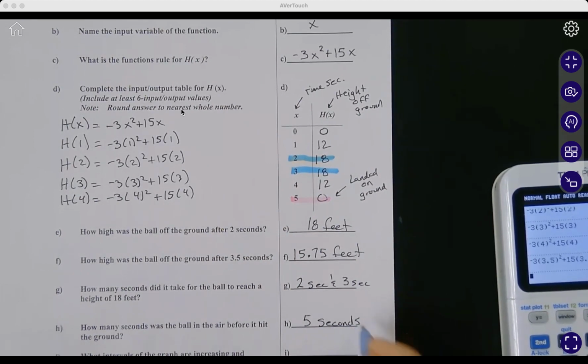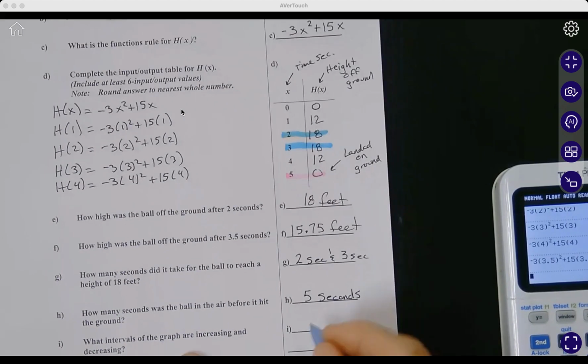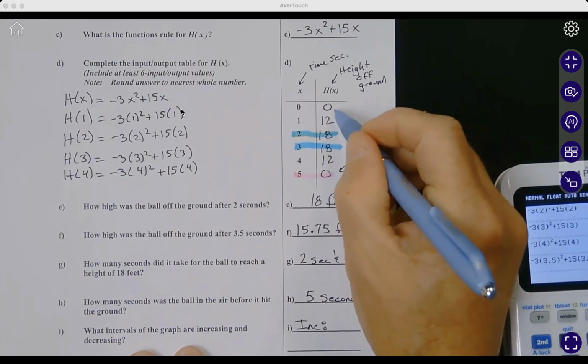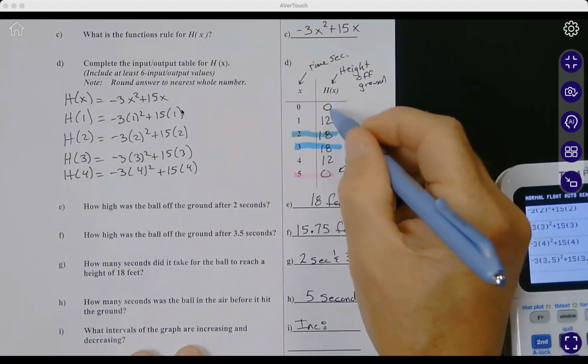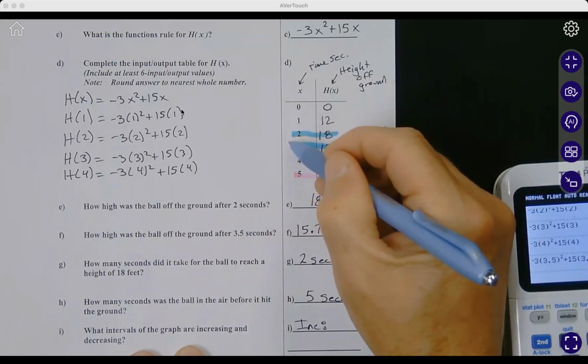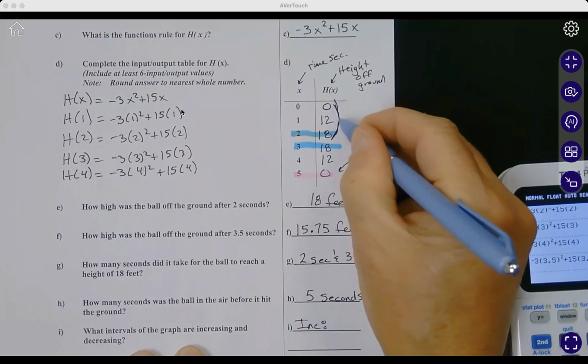What intervals of the graph are increasing and decreasing? Okay, so increasing is where it's going up. Notice we're looking at increasing on the Y, the output, but the interval is going to be on the input, in time. So notice it's increasing from there to there.